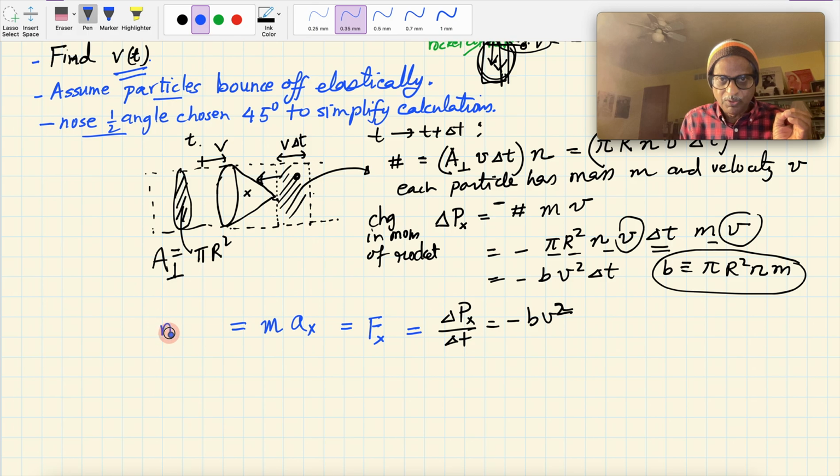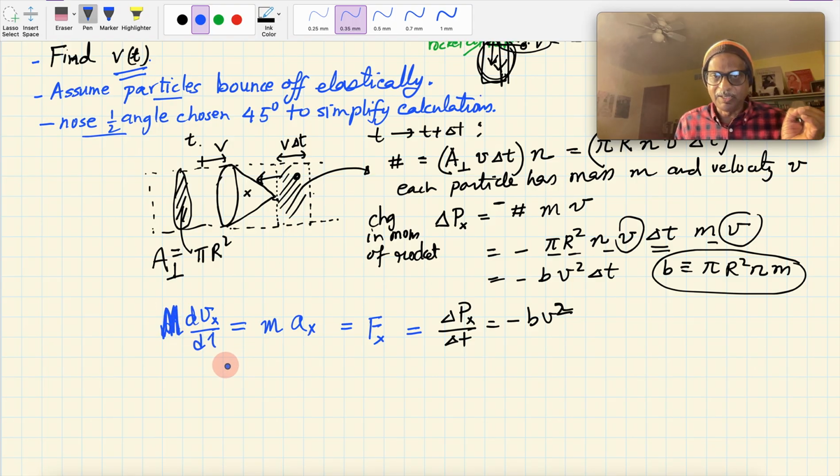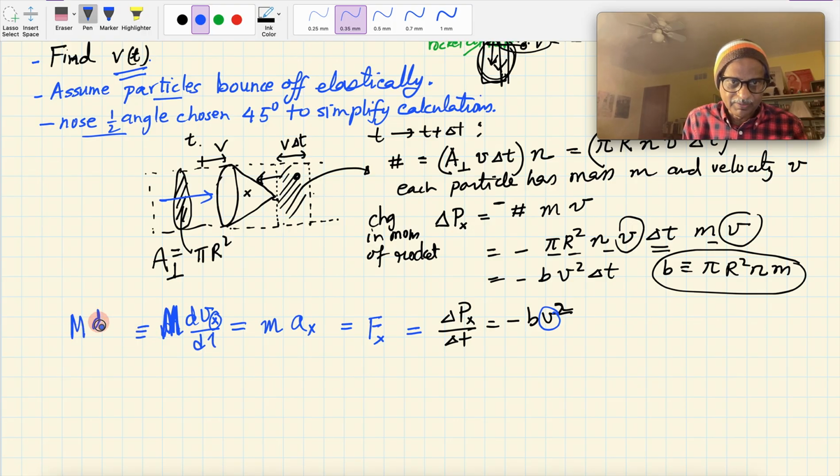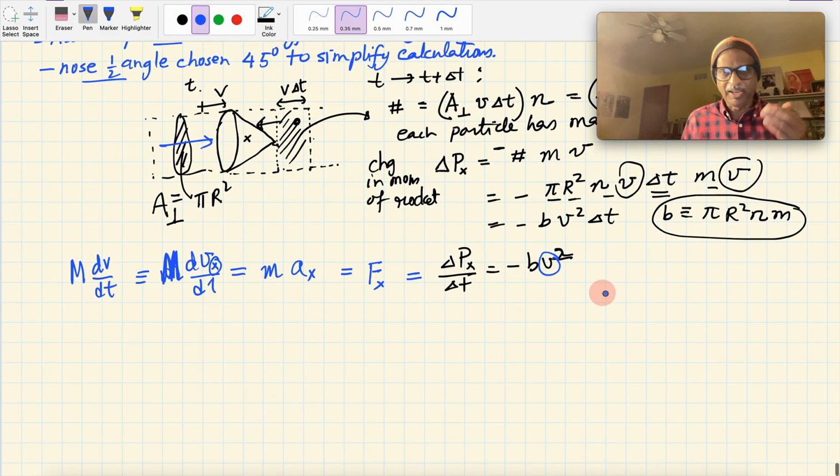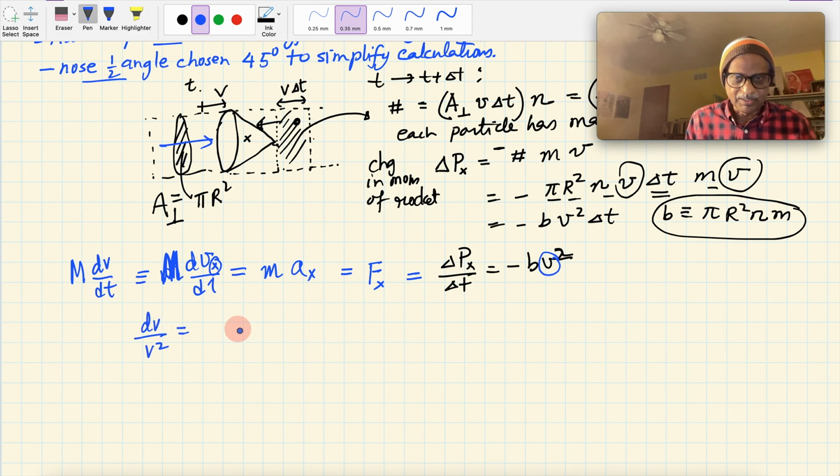That is big M, the rocket's mass, times dv dt. We're looking at the positive direction, so we can just call this v. All the x components, no need to write the extra x. So you have dv over v squared equals minus b over M times dt.